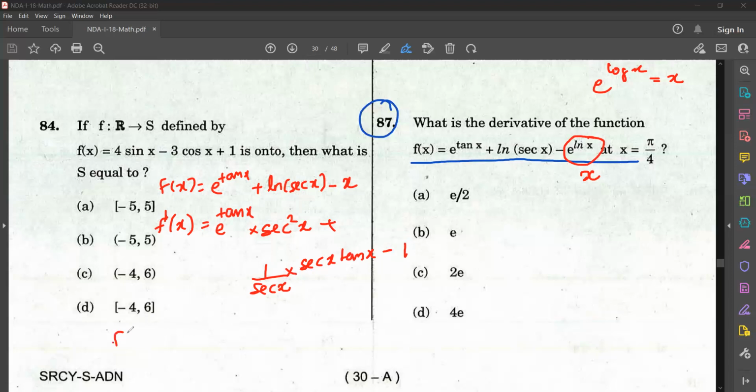Now f dash of x is equal to, just rearranging this, sec square x e raised to tan x plus, the sec x and sec x will go, tan x minus 1. Now apply the angle pi by 4, put x equal to pi by 4.